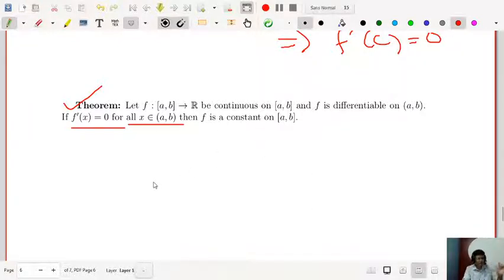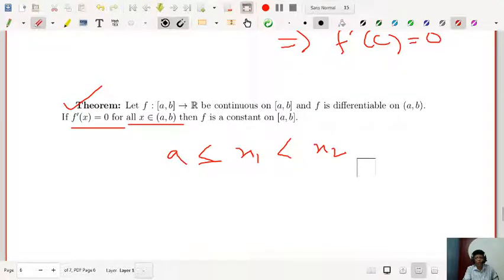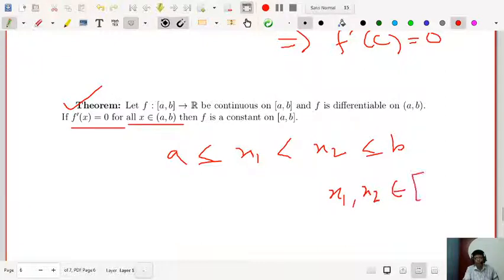So I am giving you a hint for that problem. You assume a point x1 less than x2, and x2 less than or equal to b. So you are actually taking two points x1 and x2 belonging to the closed interval [a,b]; they can be a and b.